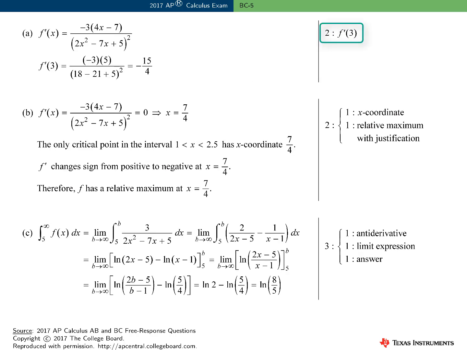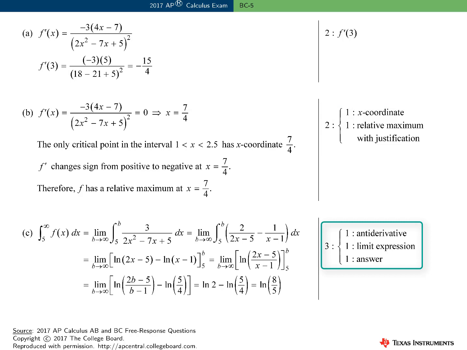Part A was worth 2 points for finding the value of the derivative of f at x equals 3. Part B was worth 2 points: 1 point for finding the x-coordinate of the only critical point in the interval 1 to 2.5, and 1 point for stating that this is the location of a relative maximum with appropriate justification.